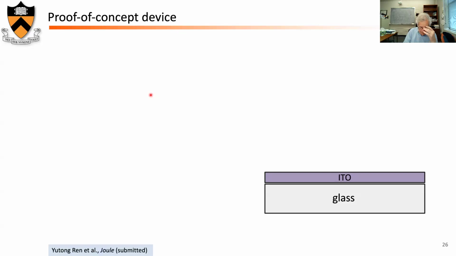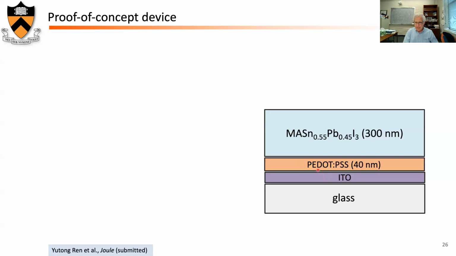The device is relatively primitive, for reasons that I will explain in a second, but it is, on glass, ITO, PEDOT:PSS for hole collection from the perovskite. The perovskite that we focused on is methylammonium tin 0.55, lead 0.45, I3, 300 nanometer, on top of which we have the tetrazine zinc PC.